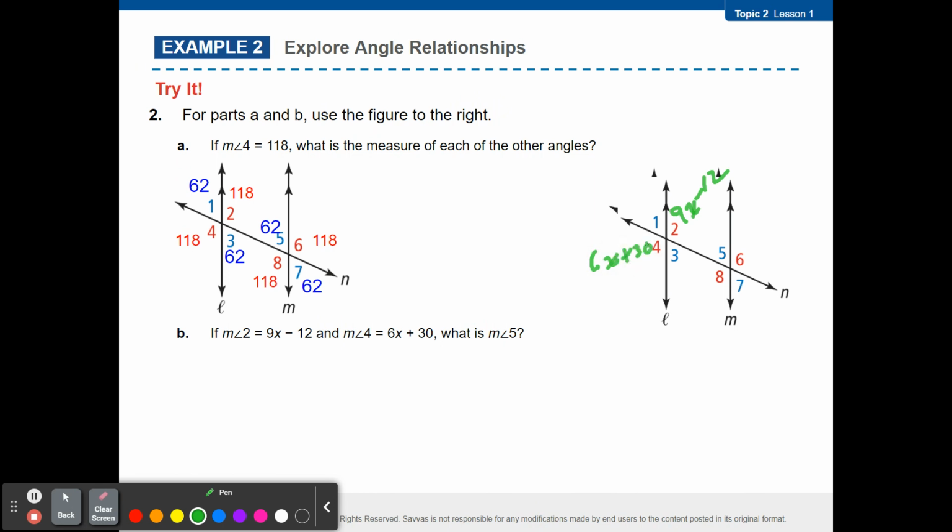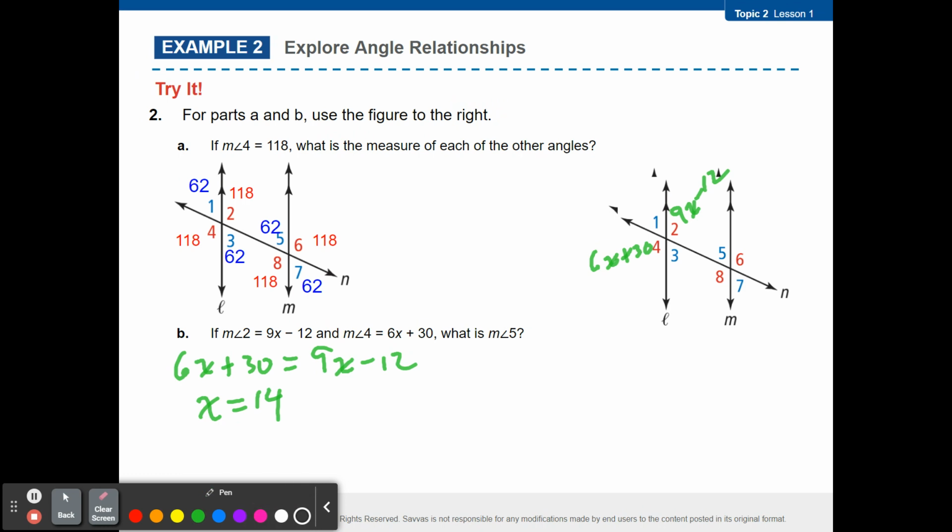The first thing is, what type of angles do we have here? They're vertical, so these two are congruent. I'm going to set this up as 6x plus 30 equals 9x minus 12. When I solve for this, what do I get for x? Good. 14.